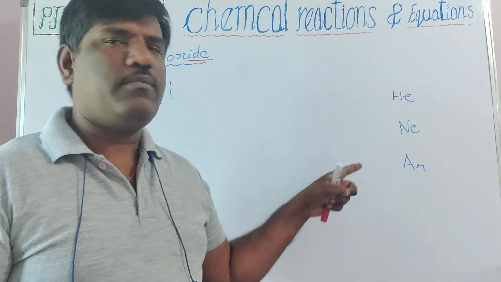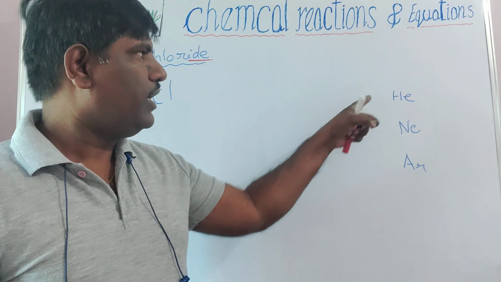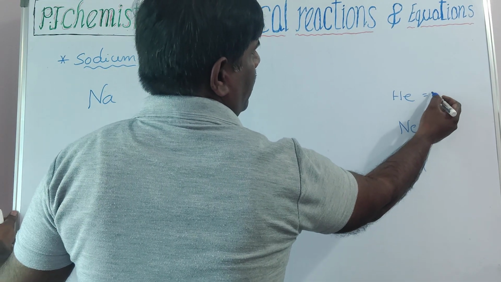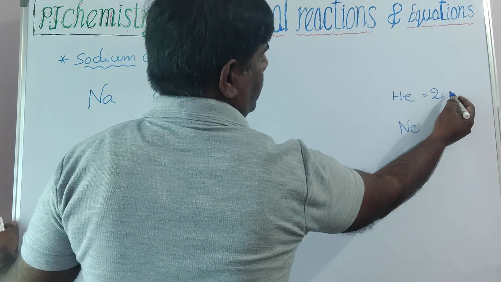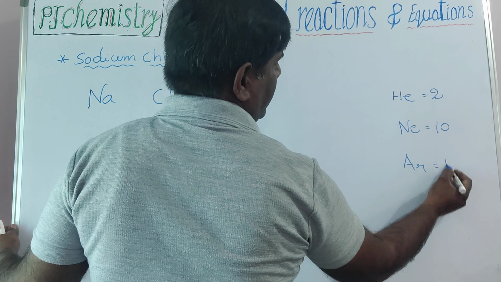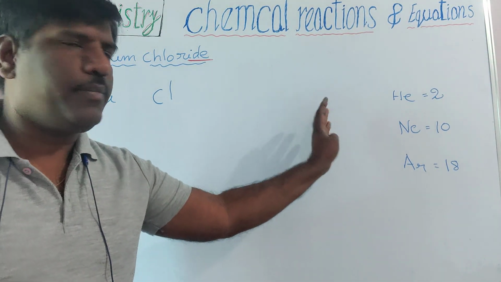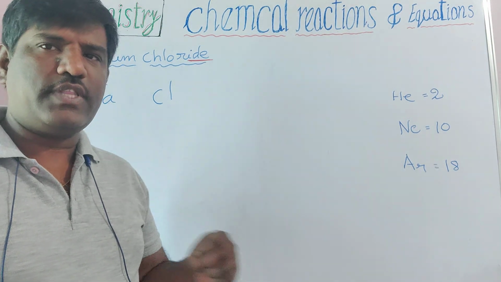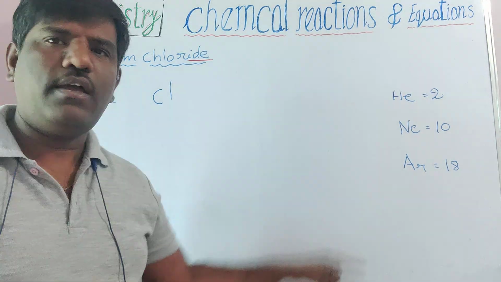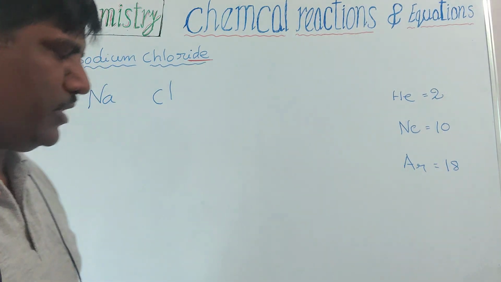These three elements we consider noble gases, inert gases. Helium atomic number is 2, neon 10, argon 18. Just keep these three in mind separately, the noble gases within 30 elements.